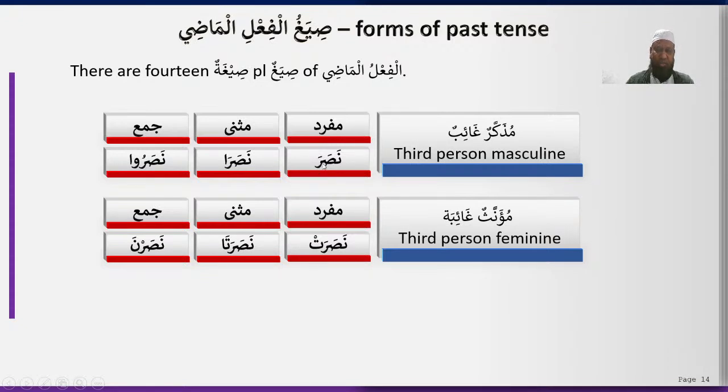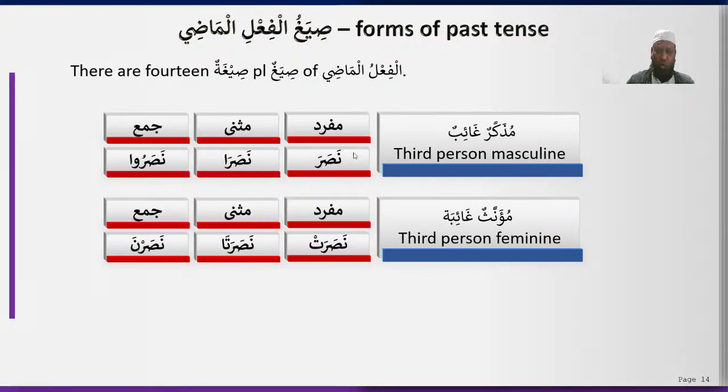So the mufrad siga nasara is mabni ala al-fath. Nasara, muthanna siga, mabni ala al-fath. Mufrad muannas نصرت مبني على الفتح. نصرتا, the ra has a fatha, مبني على الفتح.